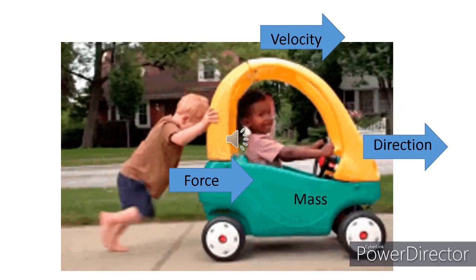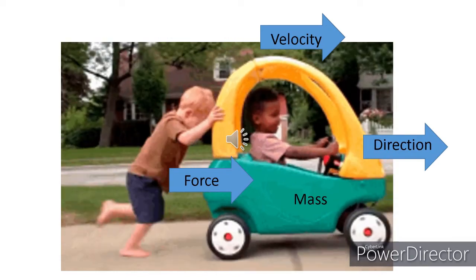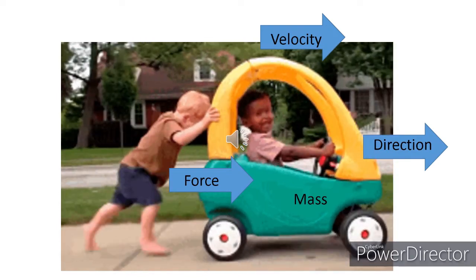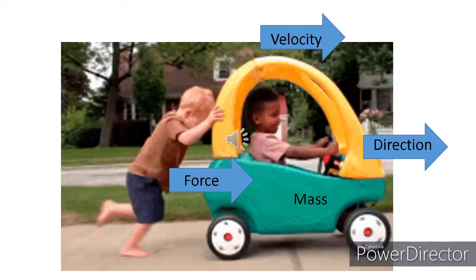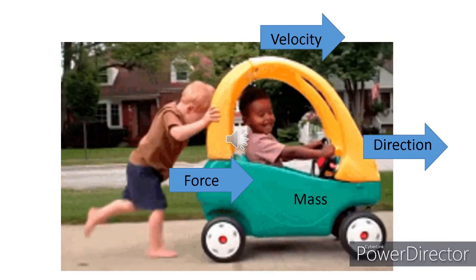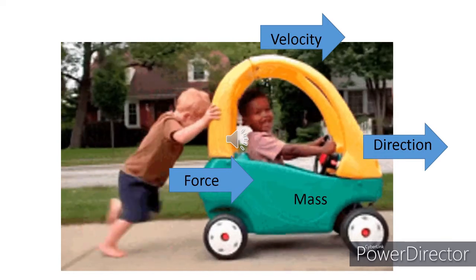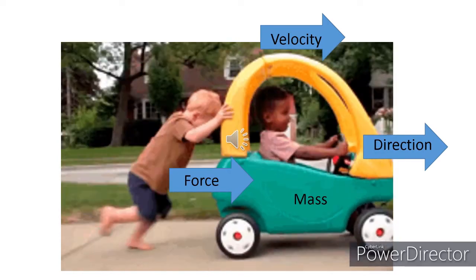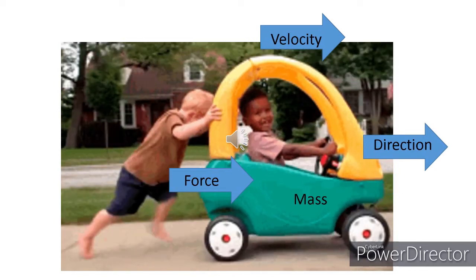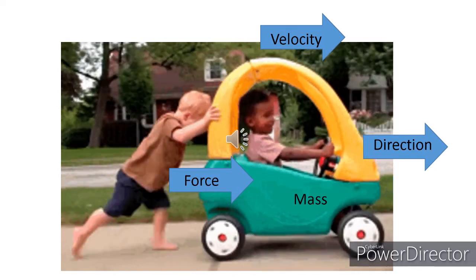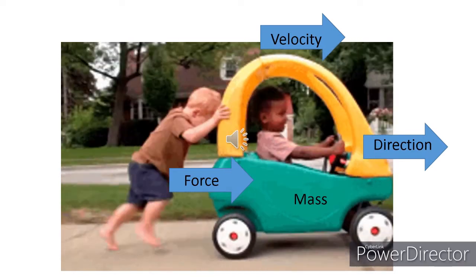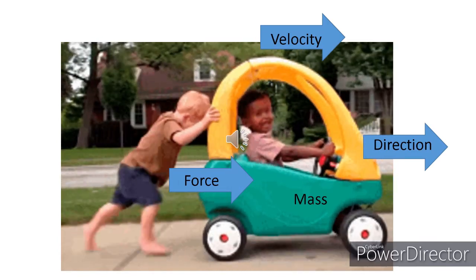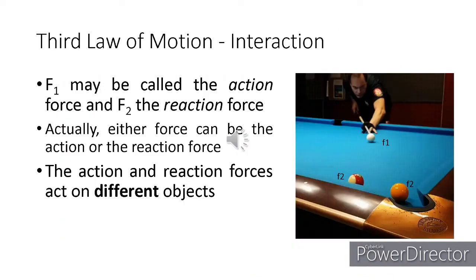And kung gaano kalakas yung force na in-exert ng nagtutulak, kung dadagdagan niya yung force, mas bibilis yung velocity. But then, kapag nag-i-increase yung mass ng tinutulak or ng object, mas babagal yung velocity. Okay.